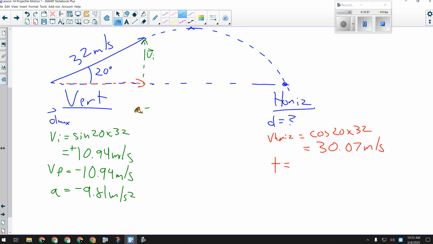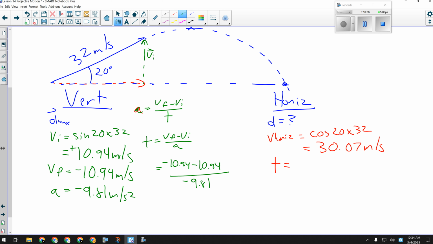Okay, A equals VF minus VI over T. So we solve for T. T will be VF minus VI over A. Okay, and that's going to be negative 10.94 with all the decimals minus 10.94 divided by negative 9.81 meters per second squared. Okay, have you used that formula a lot? Between last year and this year?